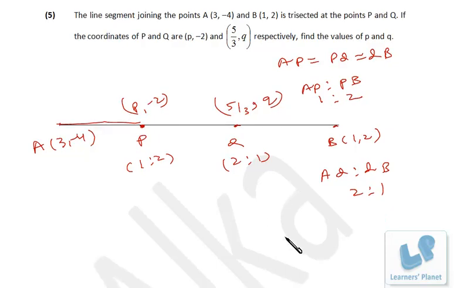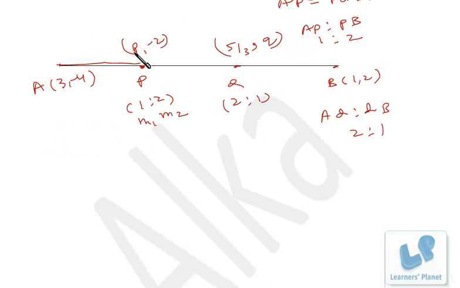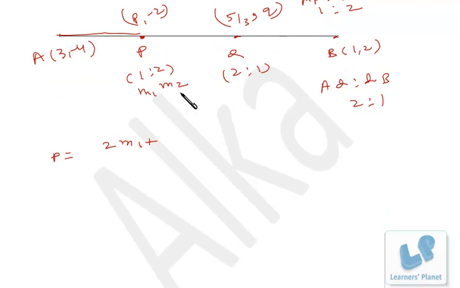So first we find the value of p. Here this is m1 and this is m2, this is x1, y1, x2, y2. So the coordinates of this point P will be m1 into 2 plus m2 x1, so m2 into 3, upon m1 plus m2.